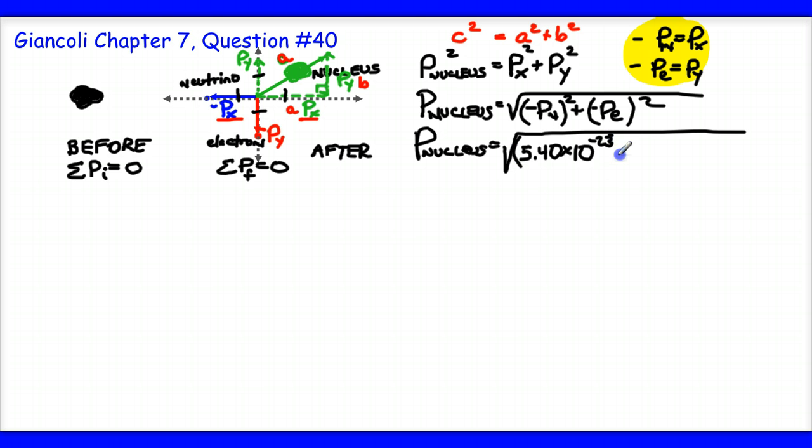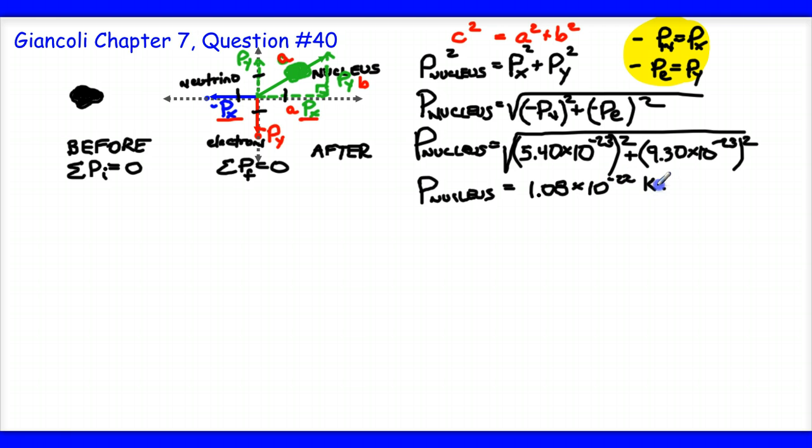I have to remember to square that, and to it I add 9.3 times 10 to the negative 23rd, also squared. The momentum of the nucleus, at least its magnitude, this recoiling nucleus that I've drawn in green, is 1.08 times 10 to the negative 22nd. And our units are kilogram meters per second.